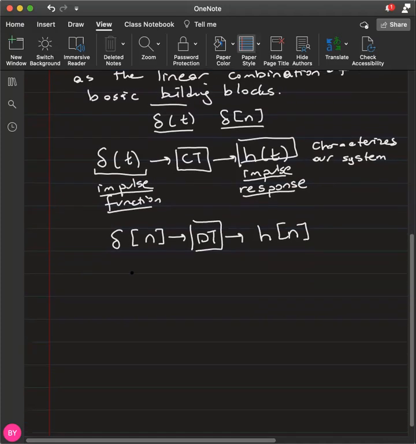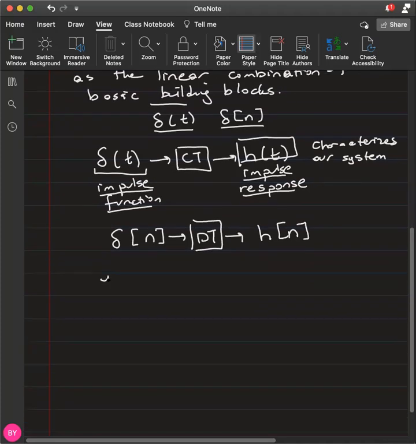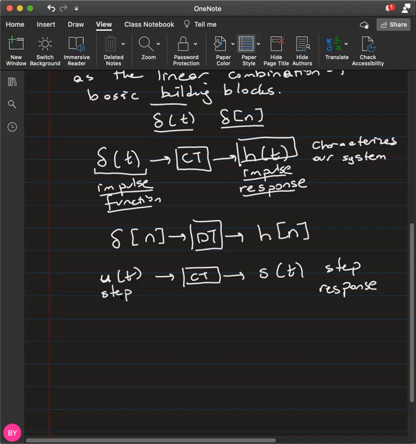We will also say, for example, if I have u of t as my input to my continuous time system, I will obtain s of t, which is the step response. Why is this the step response? Because this is the unit step function.